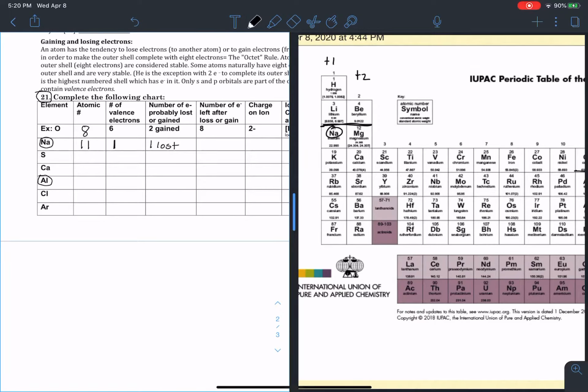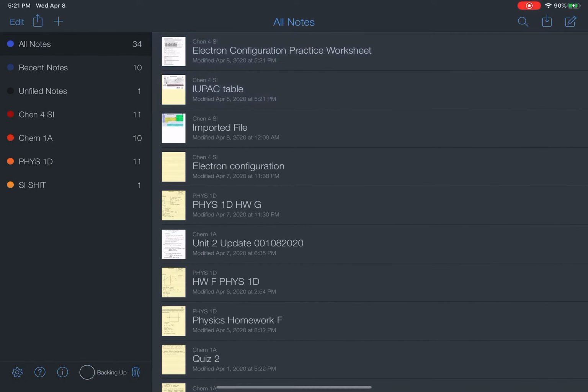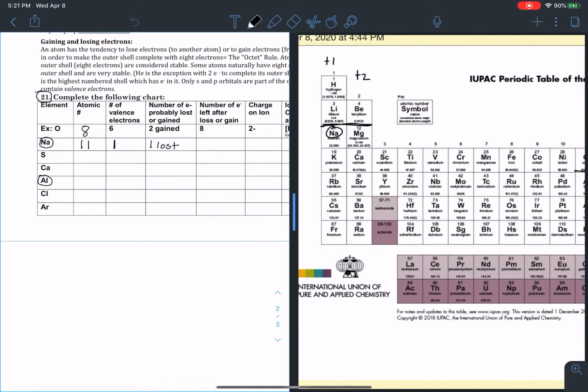This one right here, I assume she's talking about, it just says number of E left after loss or gain. I would think she's talking about valence electrons, because the atomic number for oxygen is 8, which means it has 8 electrons in the element, and it has 6 valence electrons plus 2, would leave 8 valence electrons total.